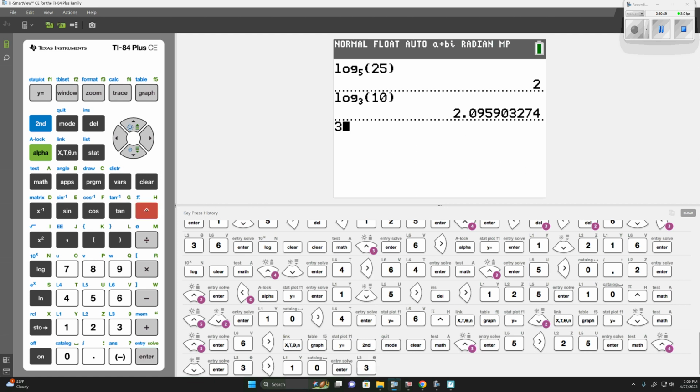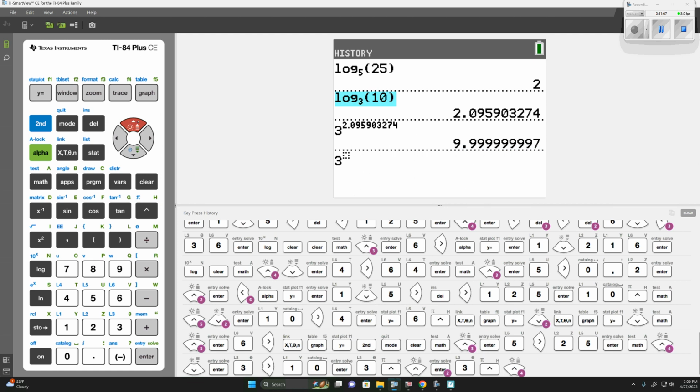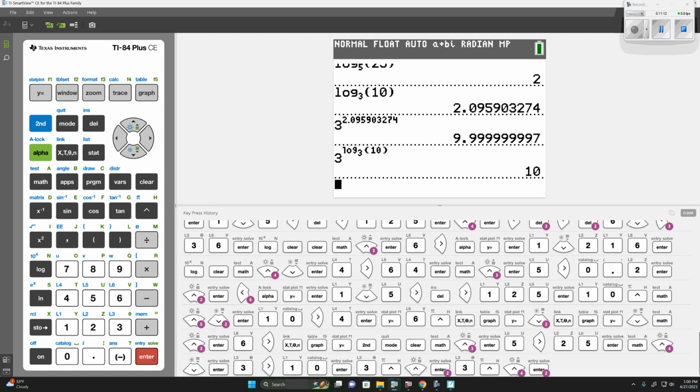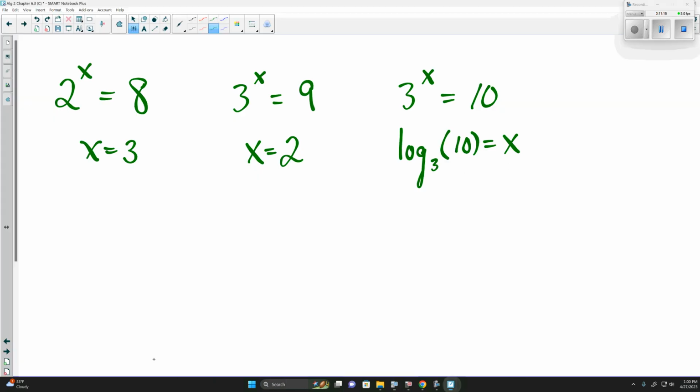Now if I go 3 to this here, since we had to approximate it because it's not the full decimal, it does give us approximately 10. But if we did 3 to the full value, we will get 10. So it is a way to solve these exponentials when they don't have a nice number.